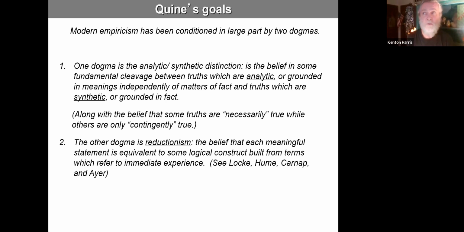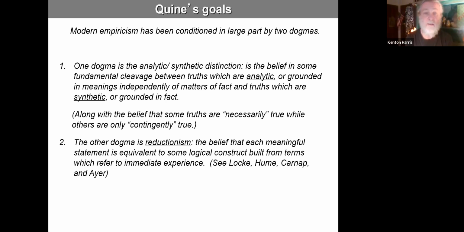So all bachelors are unmarried is necessarily true, because the claim some bachelors are married involves a logical contradiction. But where we don't have logical contradictions, such as the claim the future will not be like the past, there doesn't seem to be any logical contradiction there. Therefore, according to Hume, that is not necessarily true. At most, that is only contingently true. It happens to be true, but it could be false.